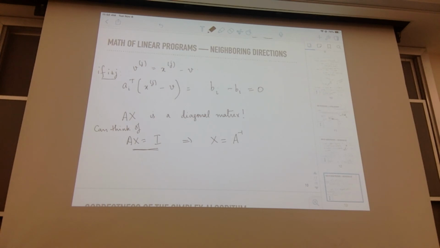The columns of the inverse are precisely the directions you move in to get to the neighboring points. And this, I think, is a very clean characterization.